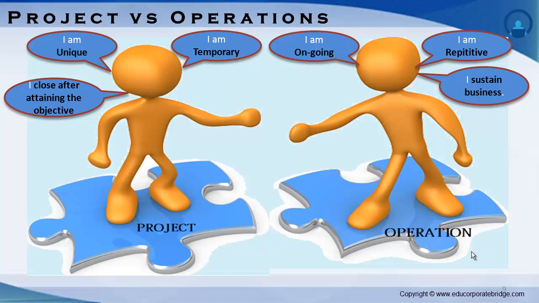Coming to the differences, projects are temporary while operations are ongoing. Projects are unique while operations are repetitive. Projects have an end, they do close after attaining the objectives. Operations have no end, they are done for sustaining the business.